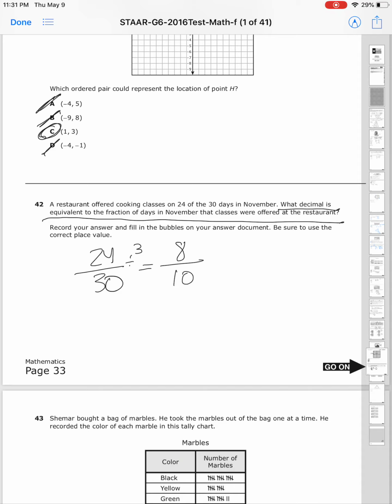And then I'm going to turn this into a decimal. So top in, bottom out, which leaves me with 0.80 as my decimal.